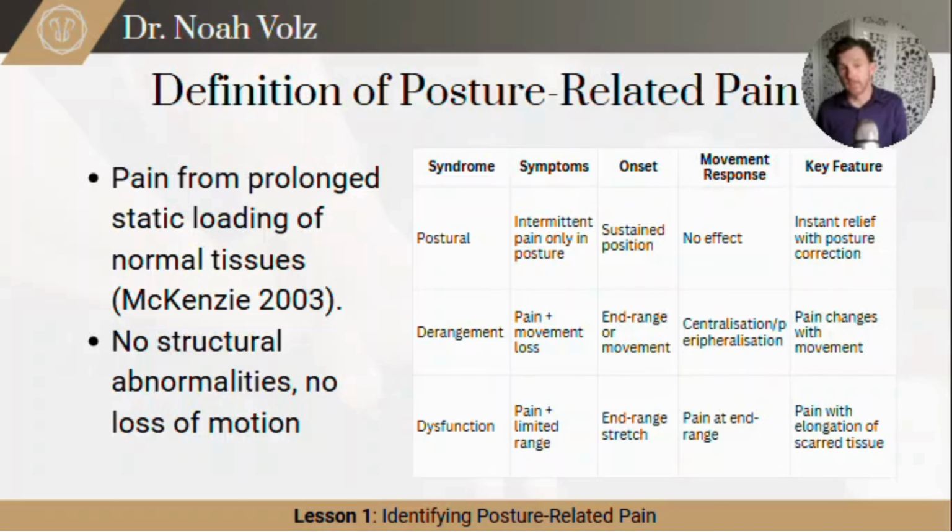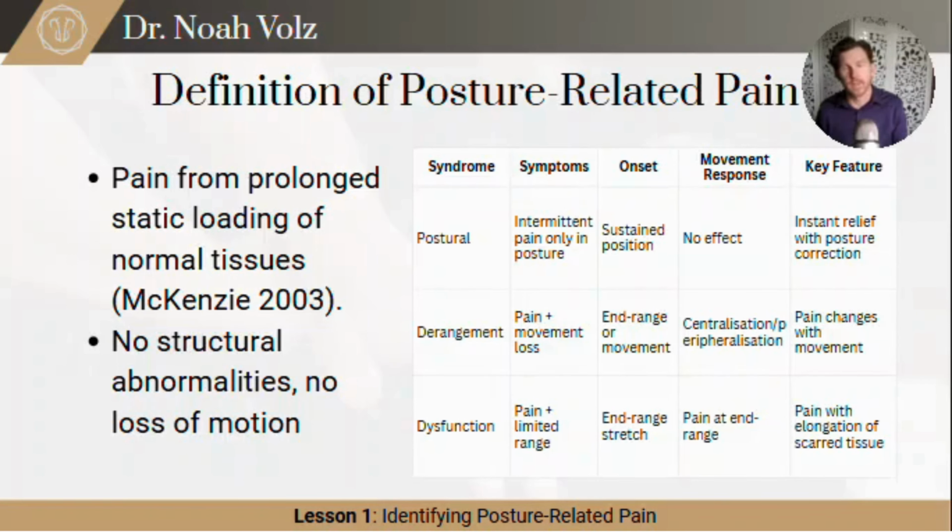And then there's dysfunction. That's pain and also stiffness, so there's a limitation in the movement. You're not able to move into the full end range that you're capable of. And you feel it as you start to move towards end range. You feel a stretch or a pulling or a tightening as you move into the end range. And then as you move closer, you start to get pain in that end range. That pain happens because of an elongation of what we're calling tissue scarring.